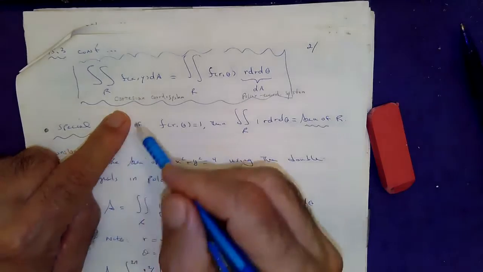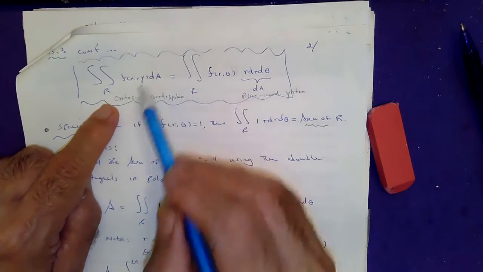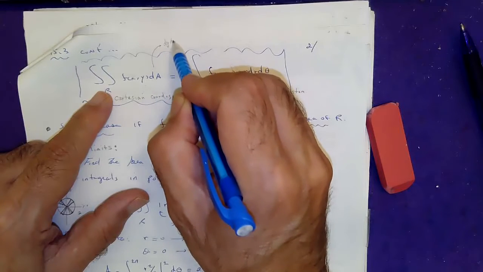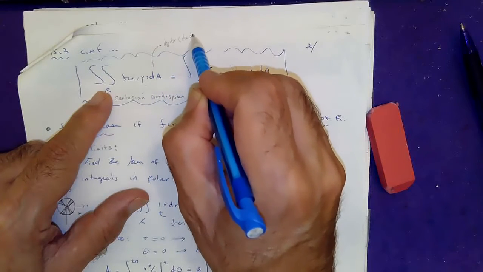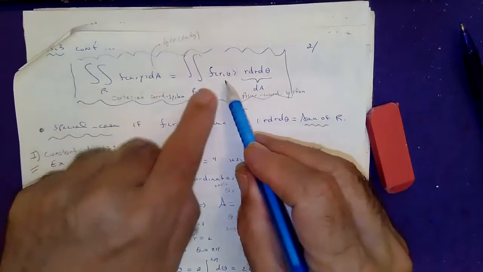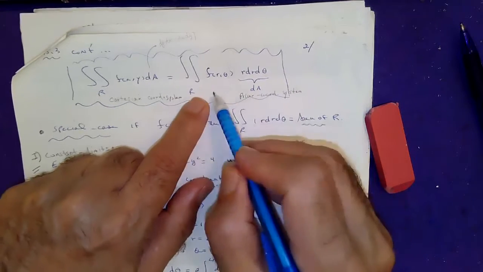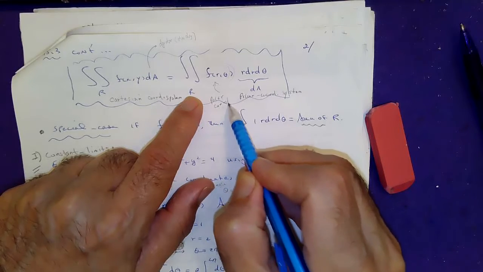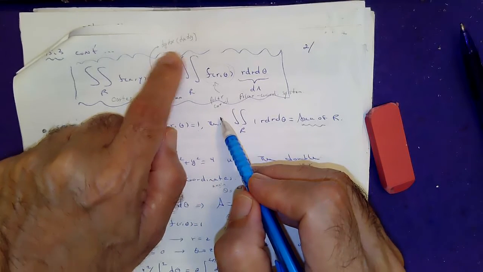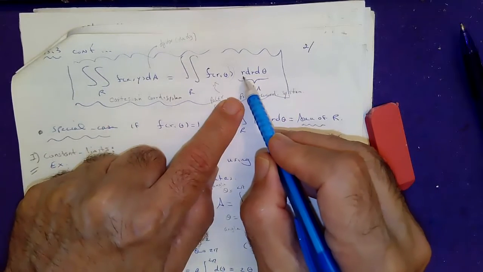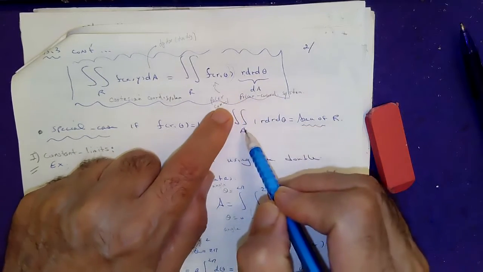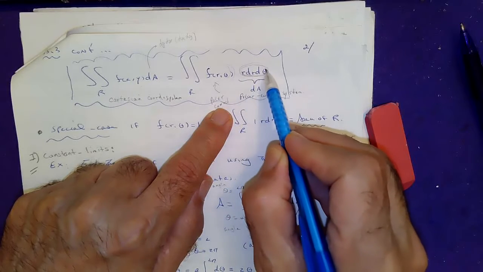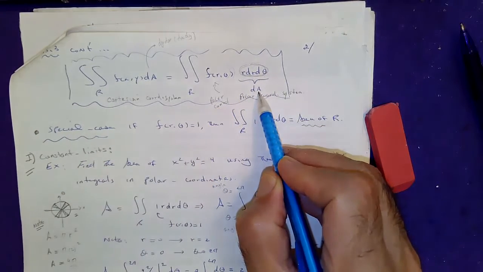In Cartesian, you have the double integral f(x,y) dA, where dA was dy dx or dx dy. However, if the function is expressed in terms of r and theta, that means in polar coordinates, that dA, which used to be dx dy or dy dx, changes into r dr d theta. So the product of these three factors forms the area element.